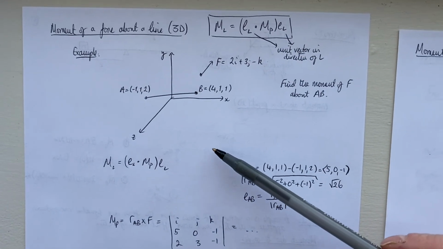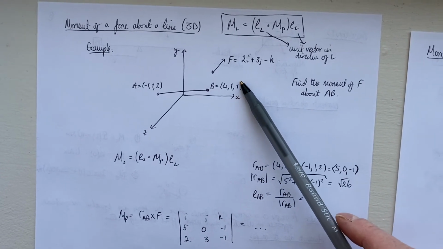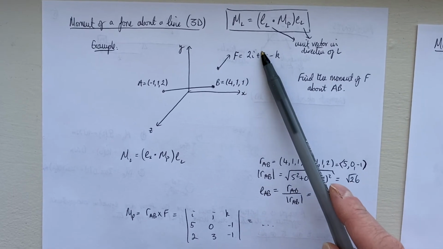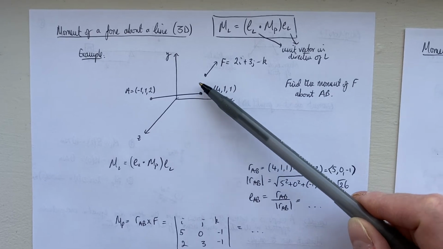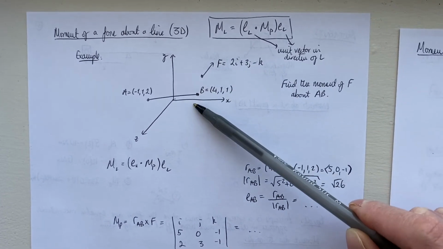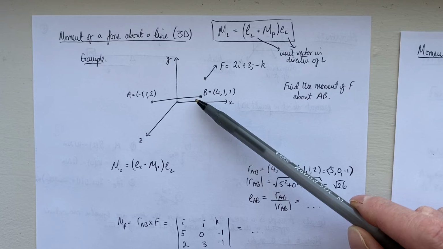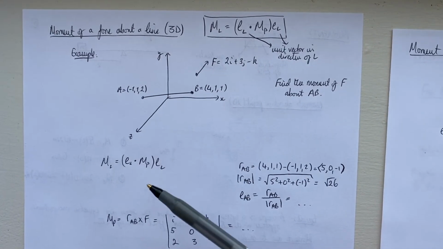So in this example we have the same force vector. We'd like to work out the moment about the line AB due to this force vector. So we're going to induce a moment about AB, or a torque, for example, like a car's axle.